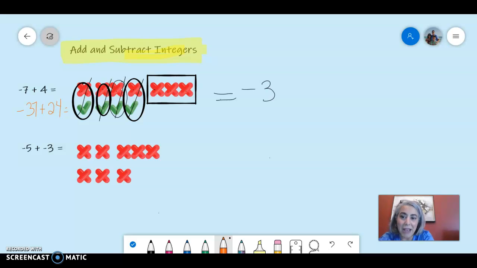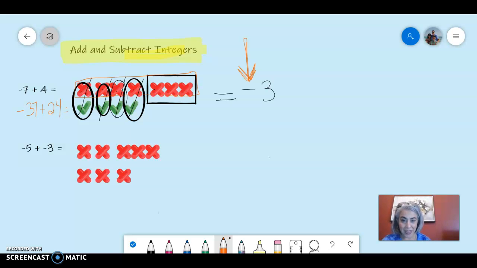So I notice that I have the bigger amount. -7 is not actually bigger than 4, but in the sense of soldiers, I have more negative soldiers than positive soldiers. So in the end, that is why my answer ends up being negative, because I have more of these negative soldiers to start with.